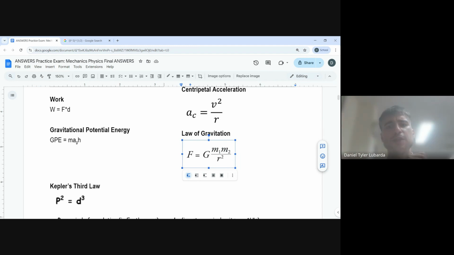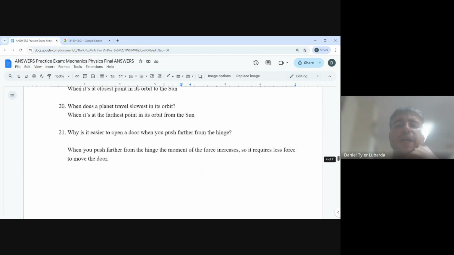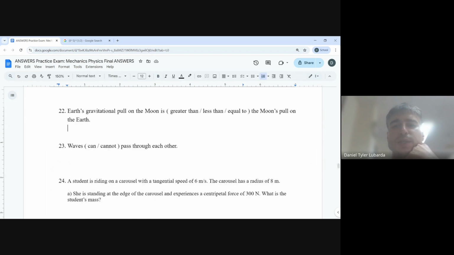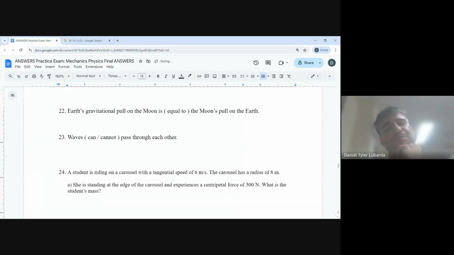But then we could switch and make the Moon M1, the Earth M2, and we would get the same answer. It doesn't matter which one is M1, which one is M2, who is pulling on who. They're pulling with the same force. Just like what Newton's laws say, that if the moon is pulling on the Earth, the Earth has to pull on the moon with an equal and opposite force. So that tells us the pull is equal. They both pull with an equal amount of force.